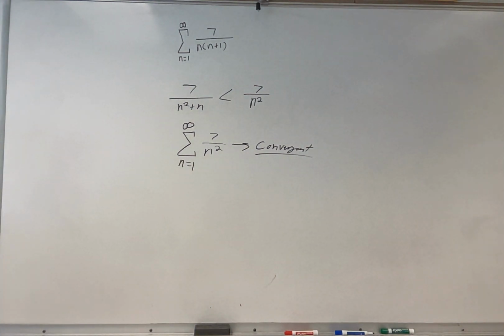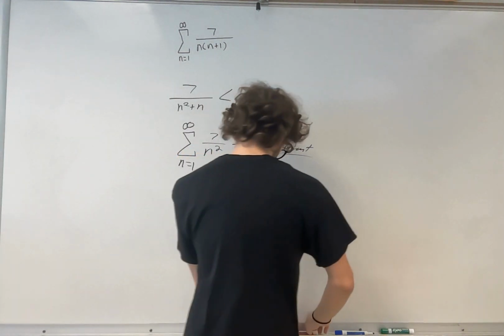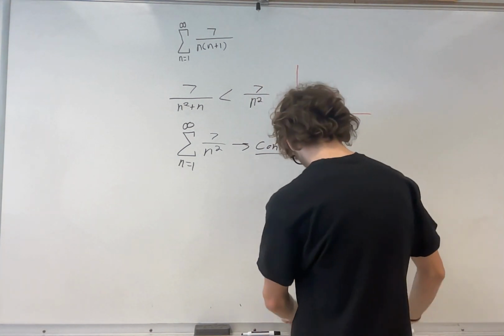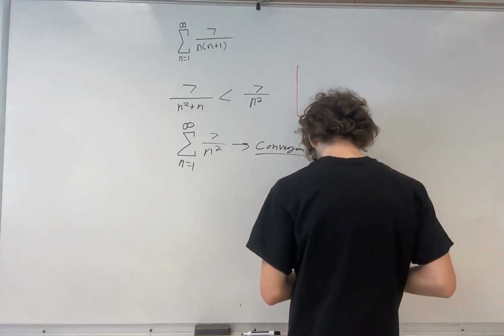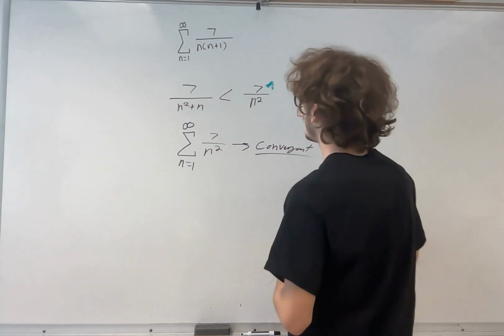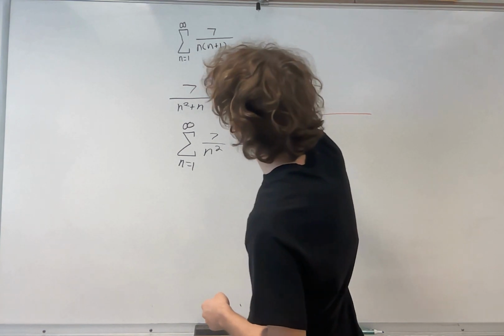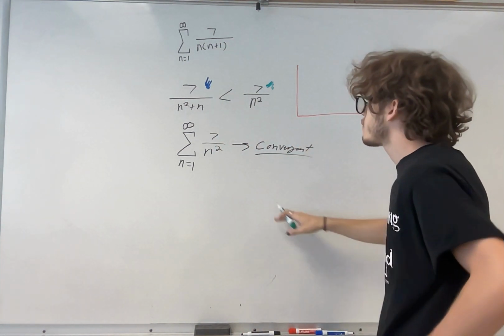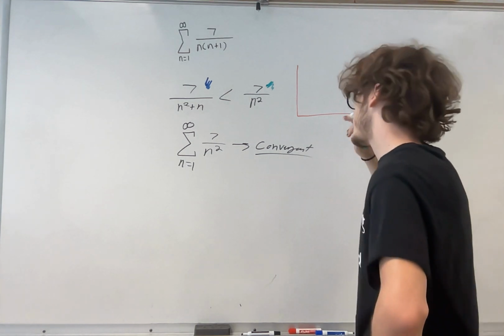does it tell us anything? Let's make a little graph here. So I'm going to make this function, or this series, green, I'm going to make this series blue. All right, let's think about it. 7 over n squared, what's happening there?